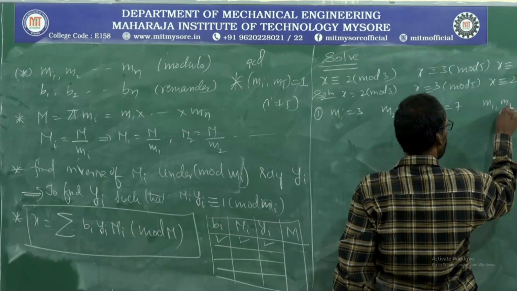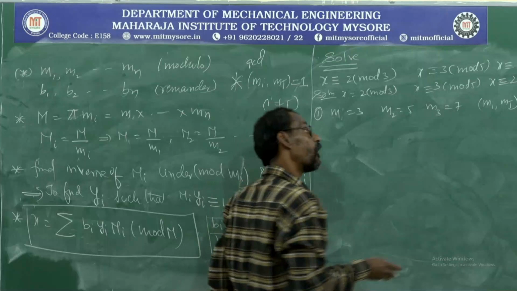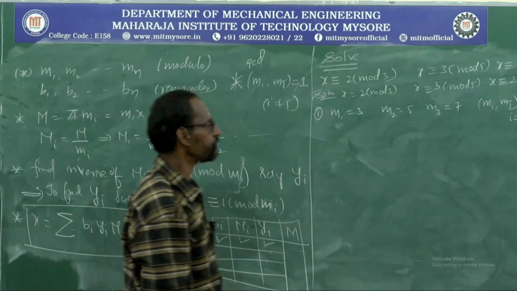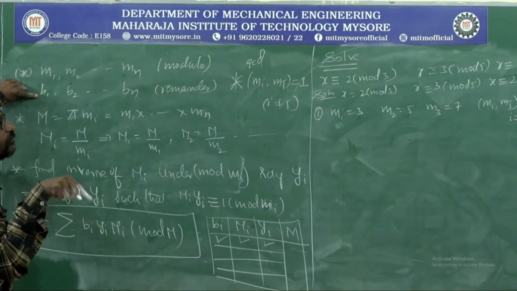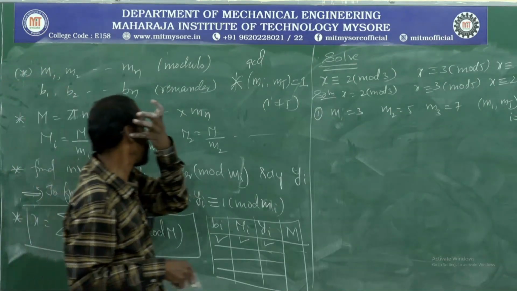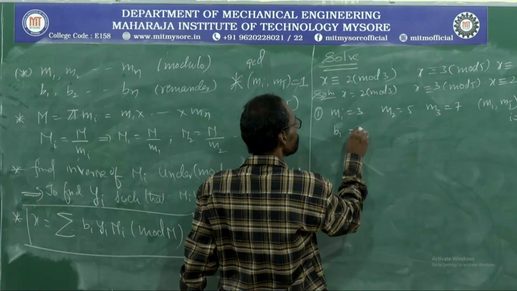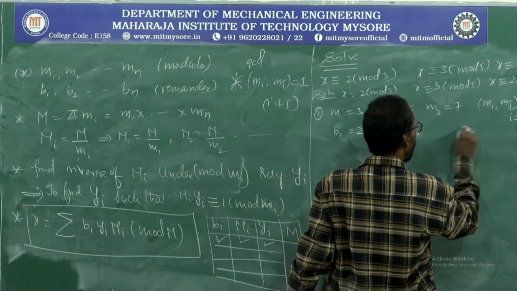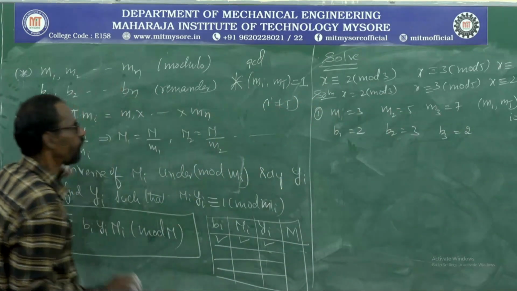Clearly, the GCD of mi comma mj is 1, relatively prime for i not equal to j. In the same step, draw b1, b2, etc. That is called the remainder. These are all remainder values. I can consider b1 equal to 2, b2 equal to 3 and b3 equal to 2. This is step number 1.